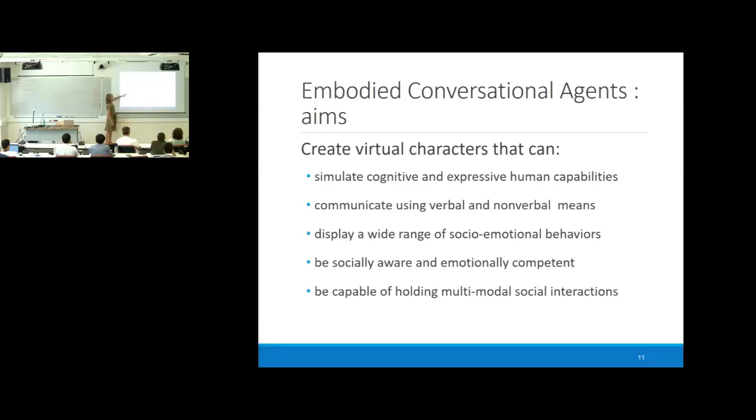But the agent, being a partner in a conversation with humans, should display a wide range of social-emotional behaviors. It shouldn't be impulsive, it shouldn't be impolite and all that. So it should be socially aware and emotionally competent. And as mentioned, it should be able to hold multimodal social interaction. Interaction means you're a speaker, but also a listener, all right?